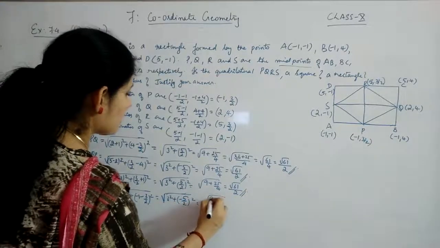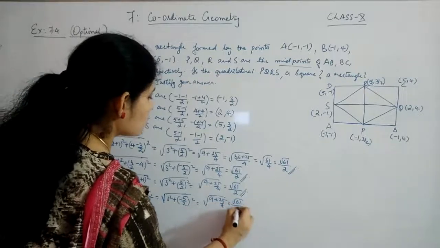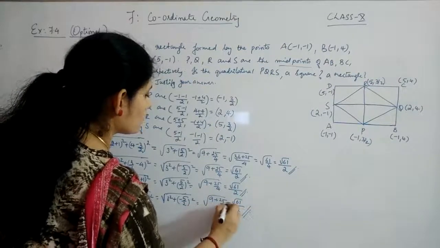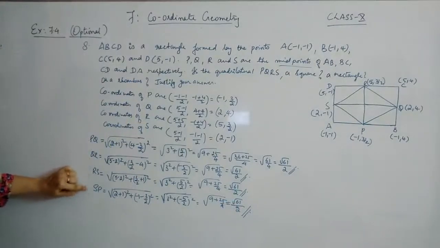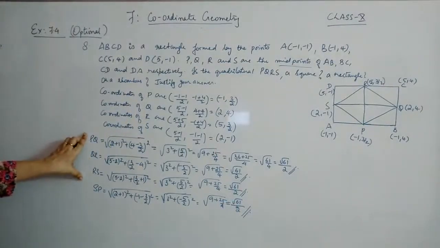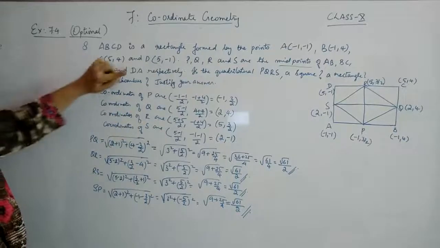So this is again 9 plus 25 by 4, which is root 61 whole divided by 2. You can just see that you have got PQ equal to QR equal to RS equal to SP. That means 4 sides have the equal measure. So you can neglect rectangle. You can have either rhombus or square.